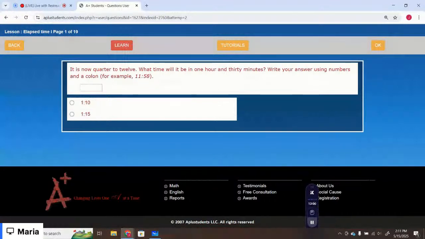It is now quarter to 12. What time will it be in 1 hour and 30 minutes? Write your answer using numbers and a colon. So it is quarter to 12, right?